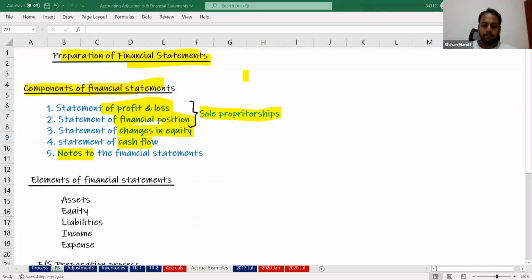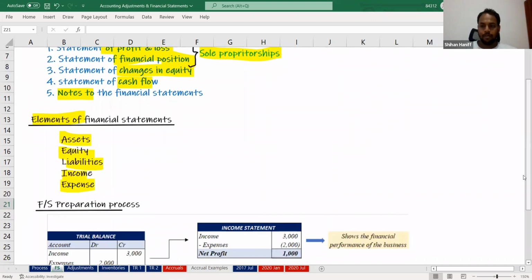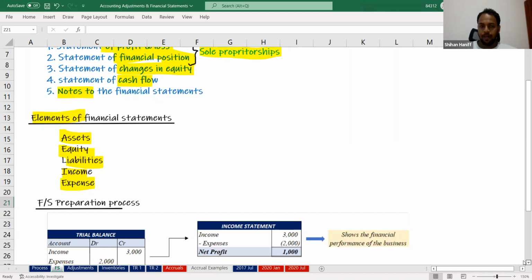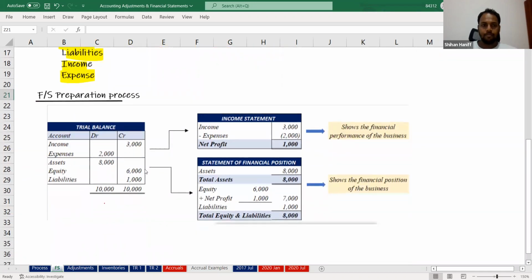When it comes to a sole proprietorship, we will prepare only the first 2 components, the statement of profit and loss and the statement of financial position. In these financial statements, there are 5 elements: assets, equity, liabilities, income, and expenses. Then I was explaining the financial statement preparation process. How do we prepare?